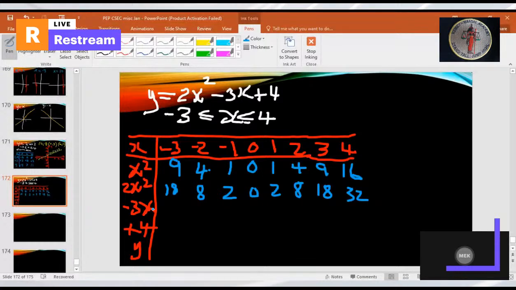So we go back to these x's and multiply them by -3. So -3 times -3 is +9, -3 times -2 is +6, -3 times -1 is +3, -3 times 0 is 0, and -3 times 1 is -3.